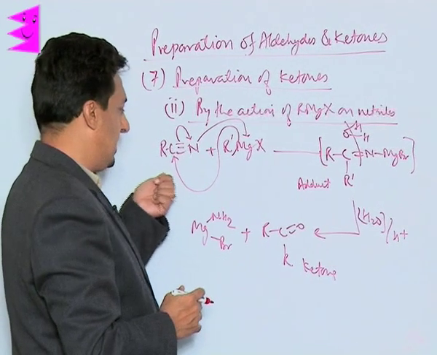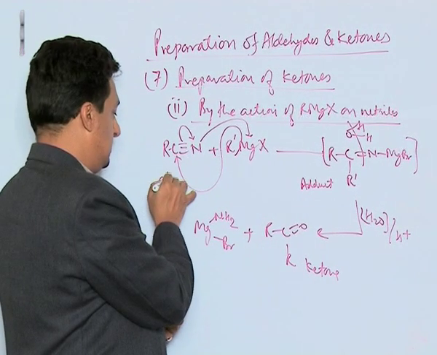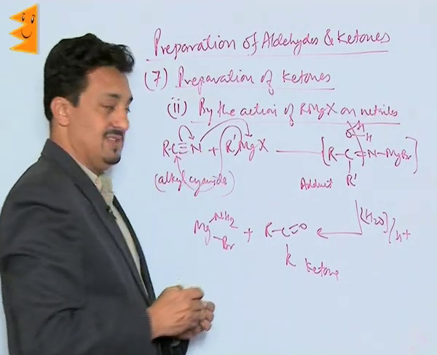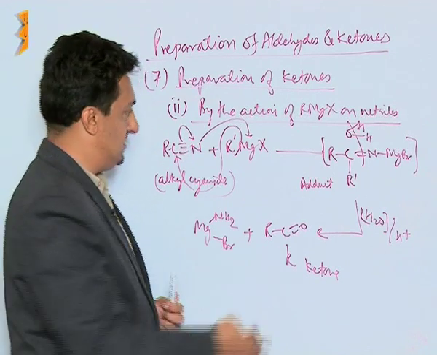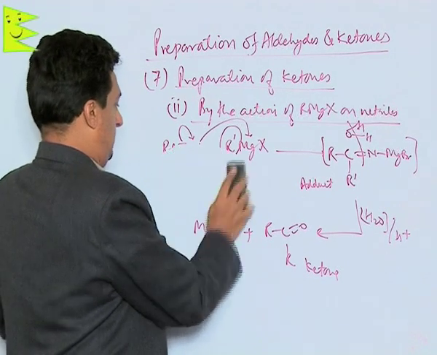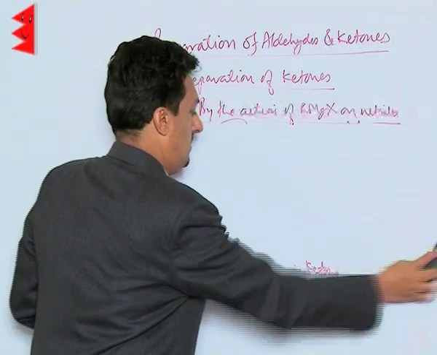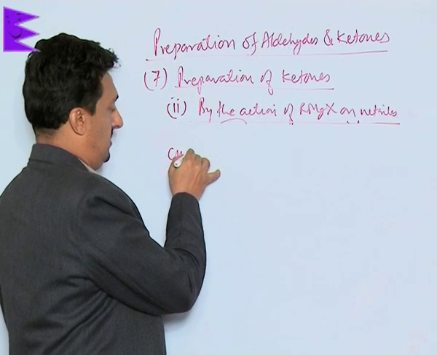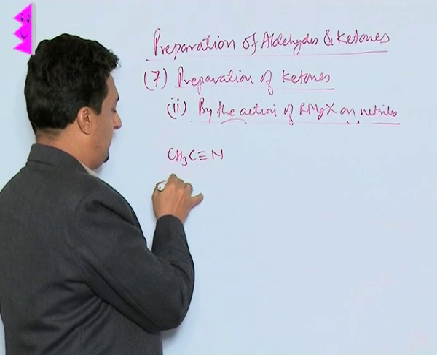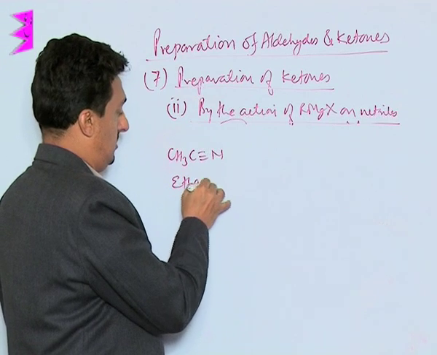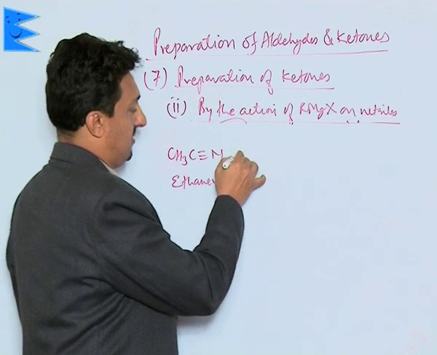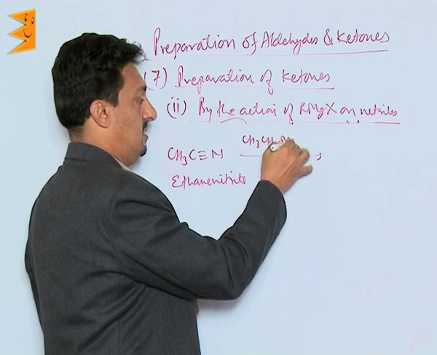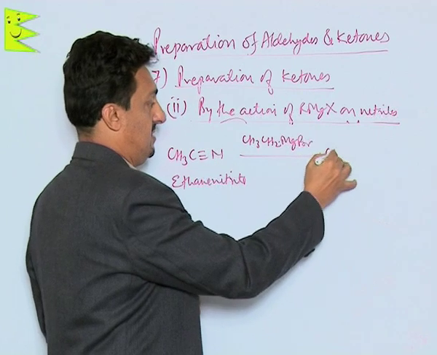So alkyl cyanides give us ketones. Alkyl cyanide is the common nomenclature of the nitriles. Let me give you an example. Suppose we have acetonitrile, or ethane nitrile, and we have reacted this with ethyl magnesium bromide.